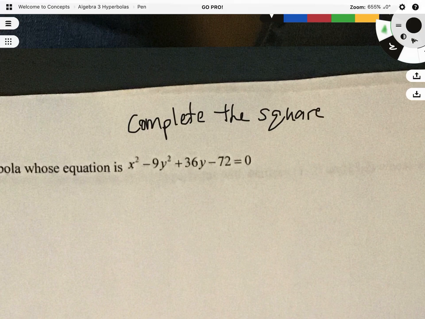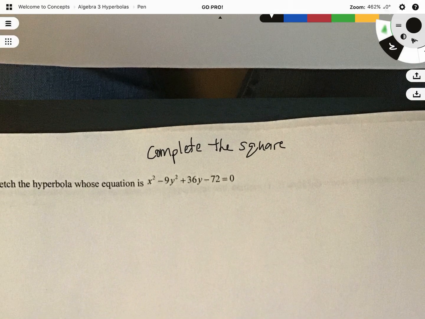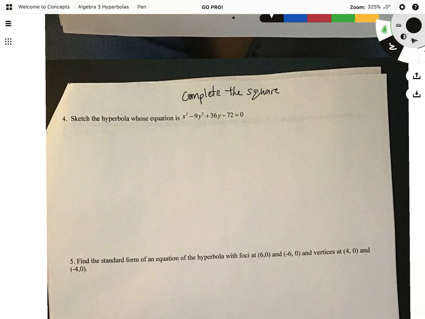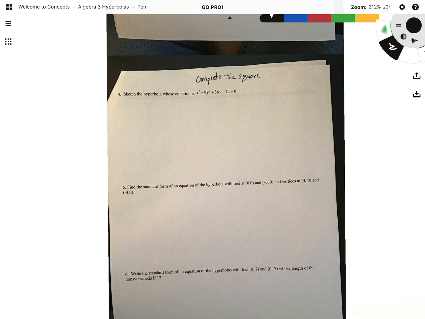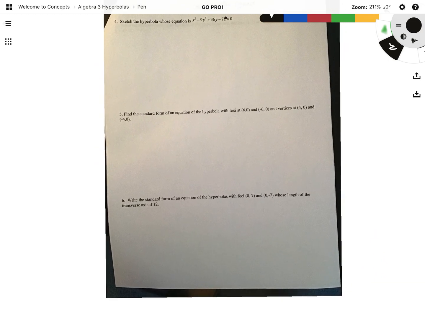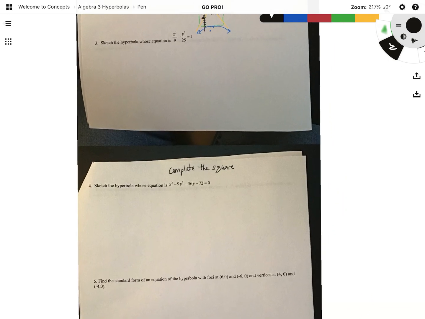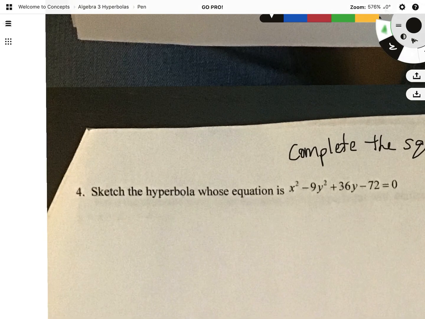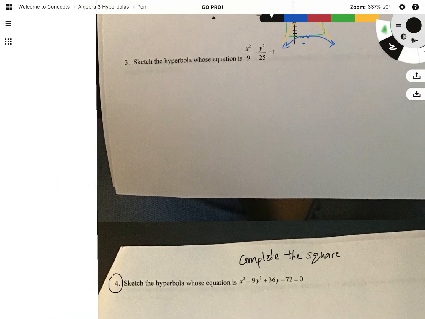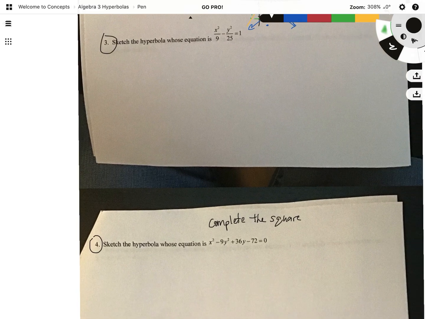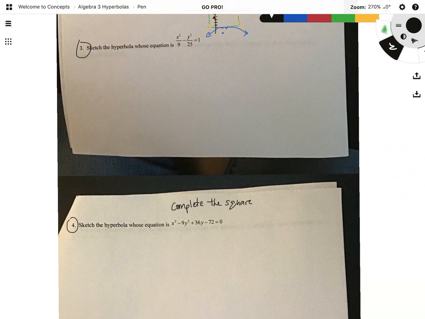Just like we did with the ellipses and the circles and parabolas. So that's your homework. Homework is 3. Go ahead and circle those 3 and 4.